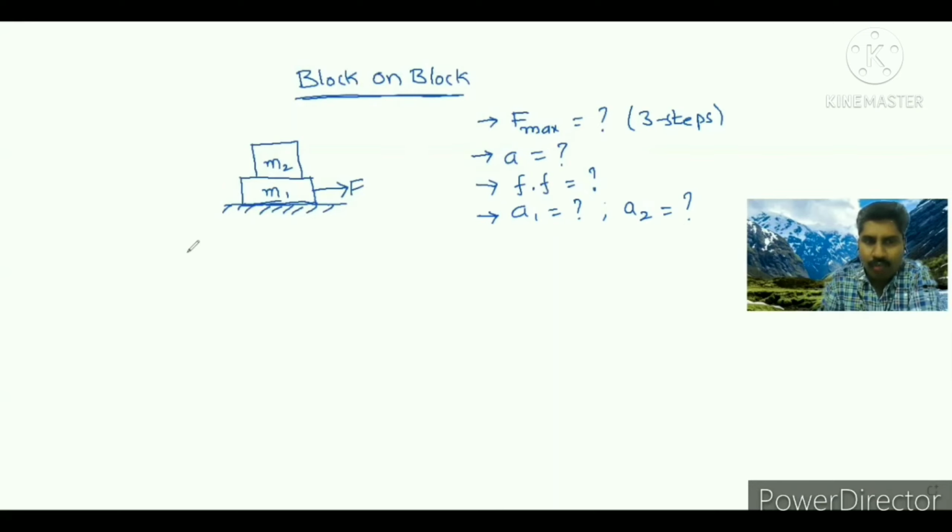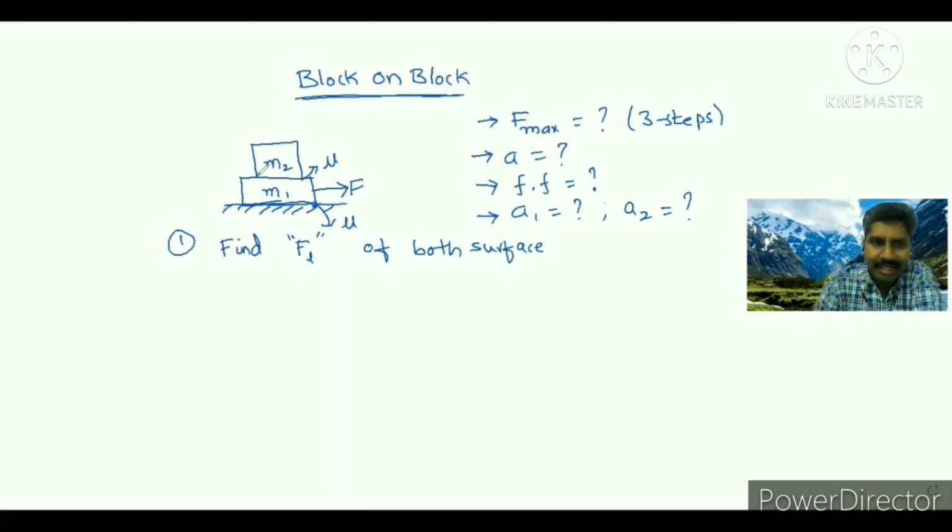We will see. First step: find out the limiting friction FL of both surfaces. Here, see how many surfaces are there. This surface is there, and this surface is there. For example, I will take the coefficient of friction as mu for this one, and they will also give the coefficient of friction mu for this one.